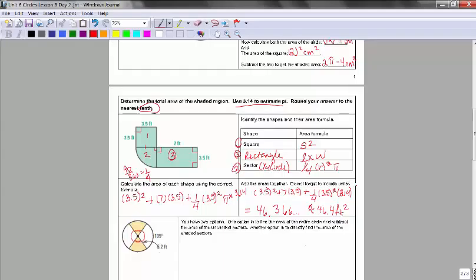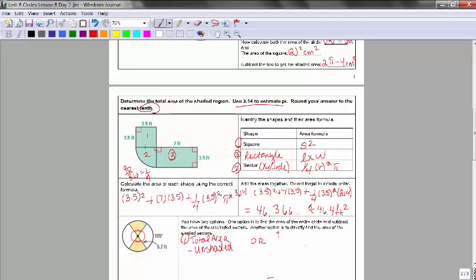The one below talks about finding the shaded region, so we want this yellow part here. So again, we have two options. One is we could find the total area and subtract off the unshaded portion.